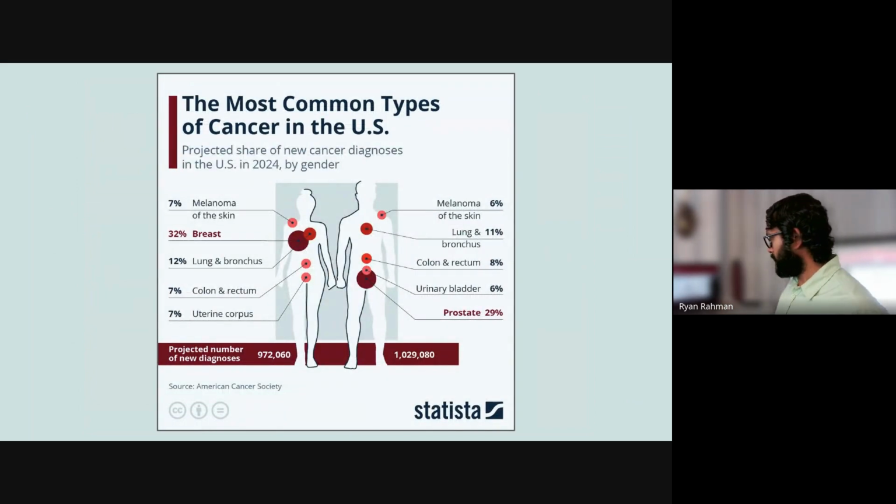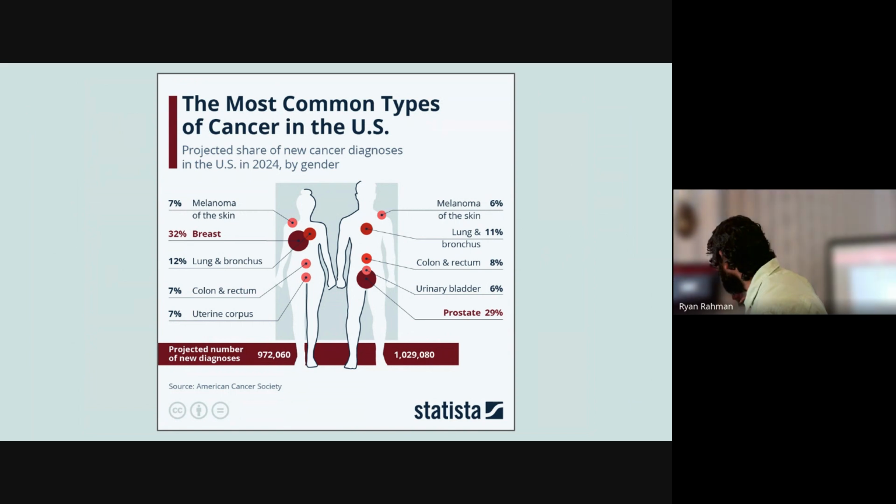This is not cancer deaths, but let's see if I can get this. Okay, great. I got you. So, the most common types of cancer in the U.S. This is not necessarily deaths; this is in the U.S., just common types of cancer.